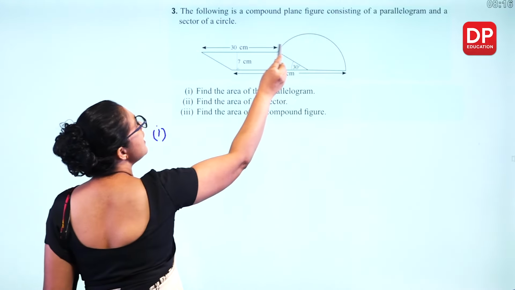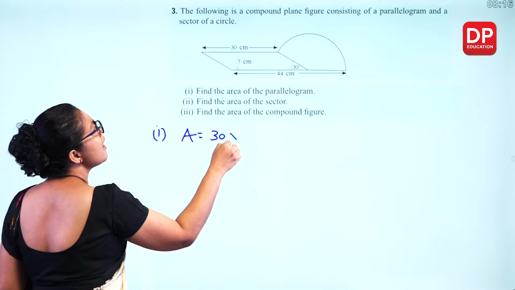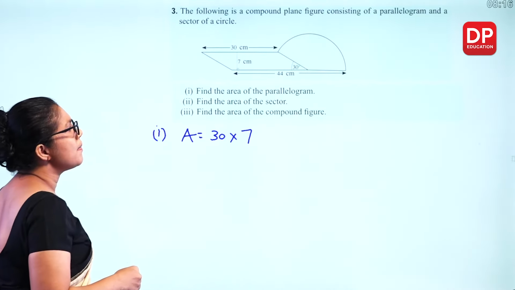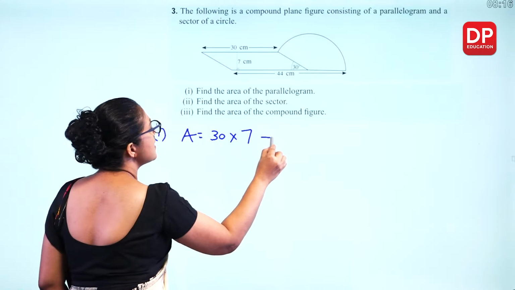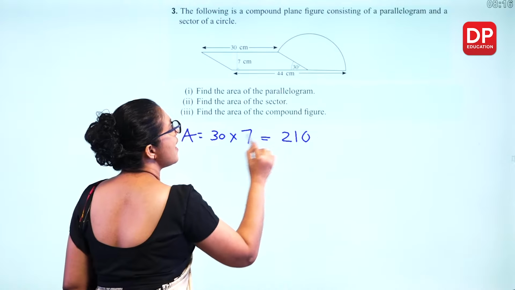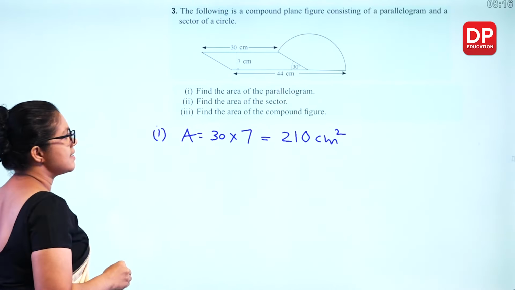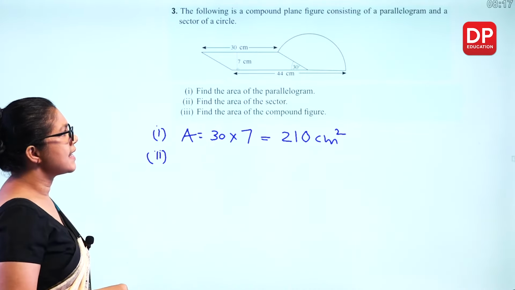We know length is 30. Perpendicular height is this one, 7. So you can multiply and find the area of the parallelogram. So what is 30 times 7? 210. So what's the unit here? Square centimeters.